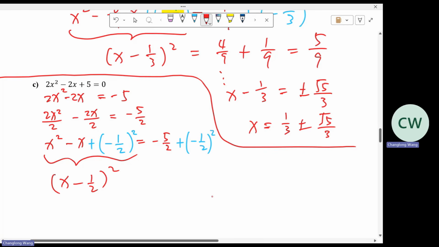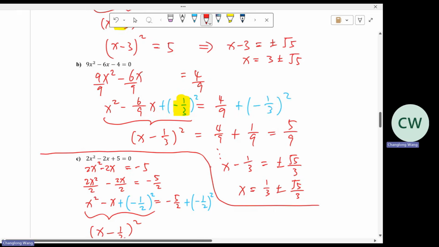Okay. And then the same number, which is half of the linear coefficient, enters the perfect square form. Whatever that is, -1/2, goes here. You want to convince yourself that's the case, take a look at what we did yesterday.